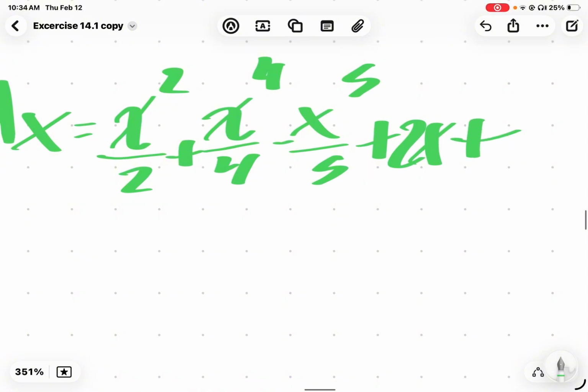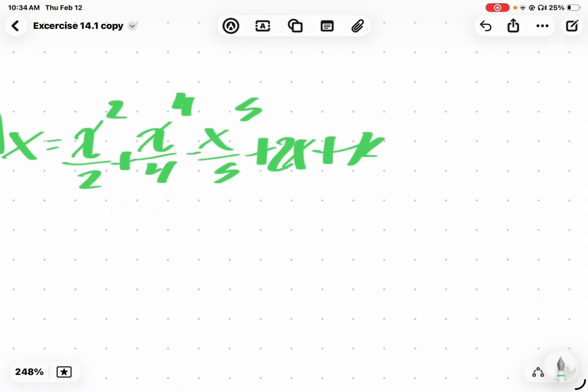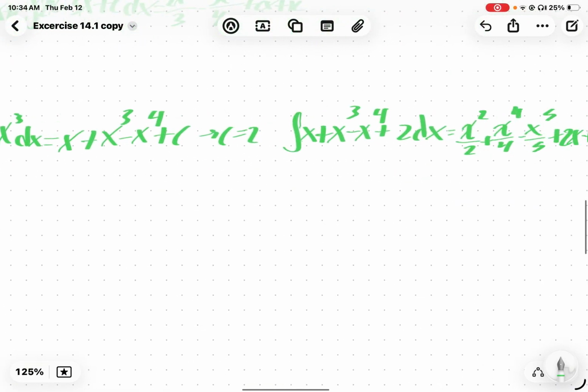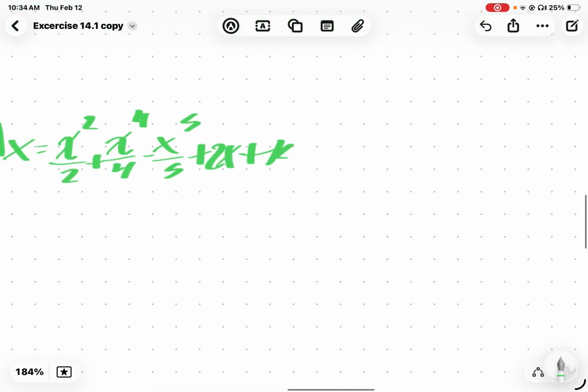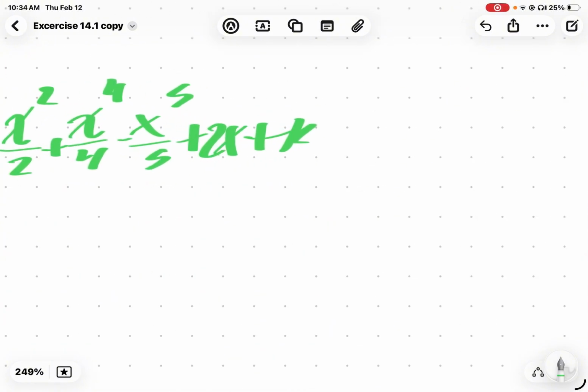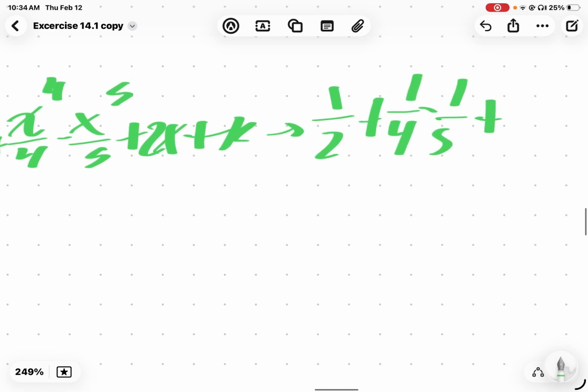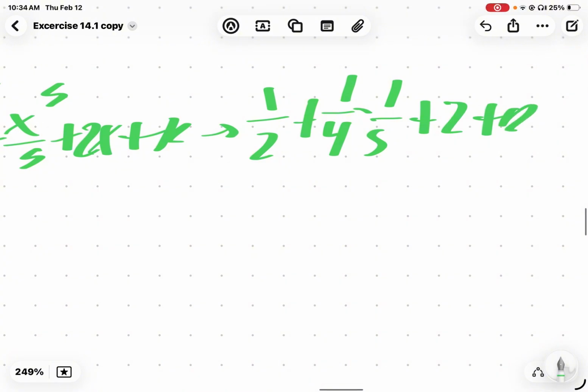And then we have another plus c variable, which again we'll use k. Now we know that f of 1 equals 2. So plugging 1 into this gives us 1/2 plus 1/4 minus 1/5 plus 2 plus k equals 2.